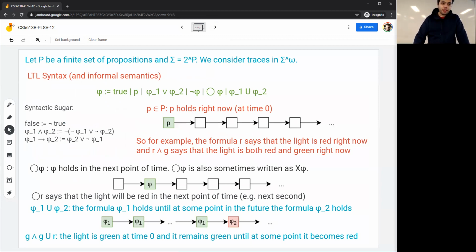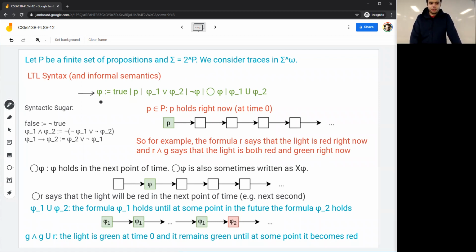Okay, so again, let's say that we have our set P of propositional atoms or atomic propositions, and our alphabet is the set of subsets of our atomic propositions. And we are looking at traces, which are basically infinite paths over this alphabet.